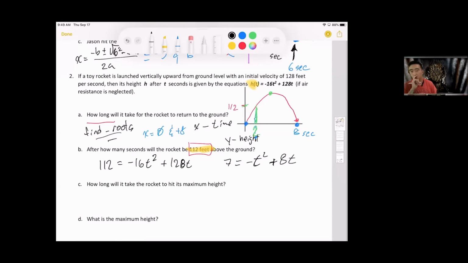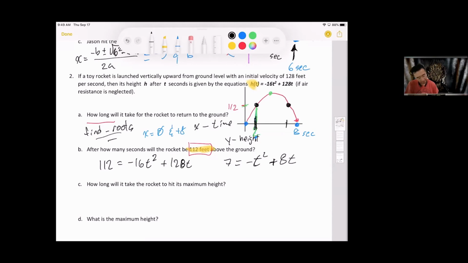So what do you think I'm going to do at this point to find out t? Now, pay attention. The rocket is going to hit 112 twice. It's going to hit it once on the way up and once on the way down. You have to do the factoring.